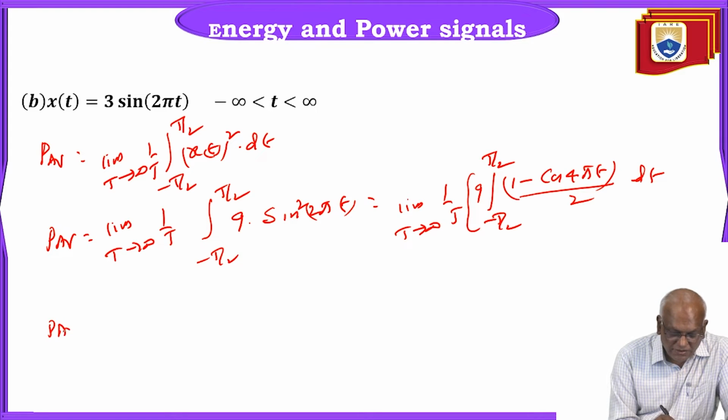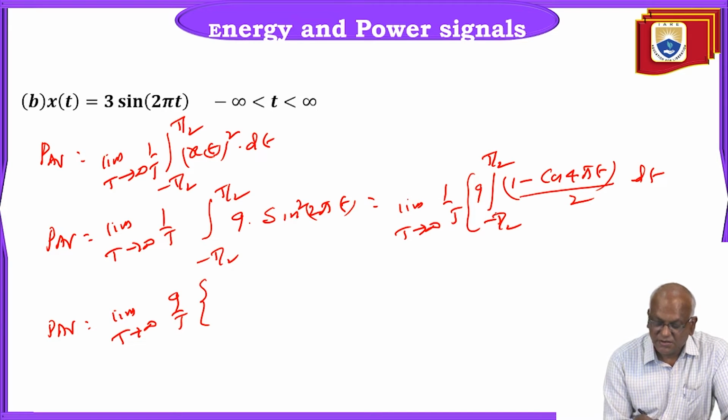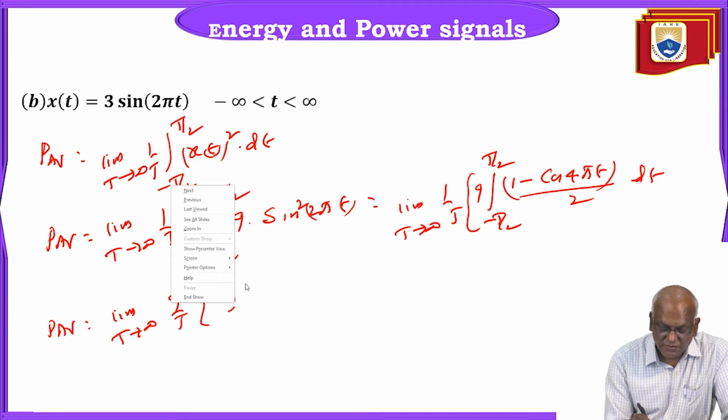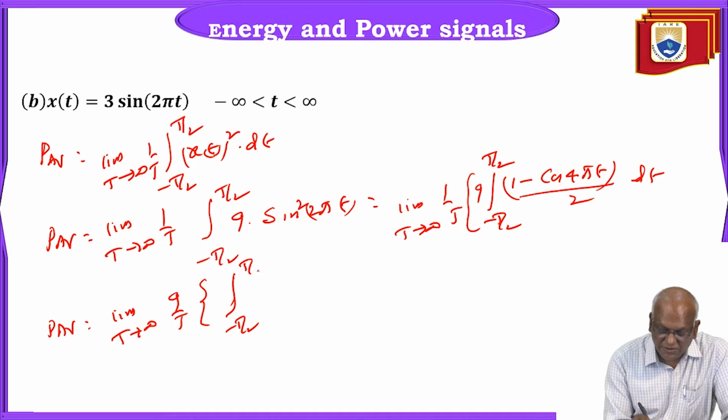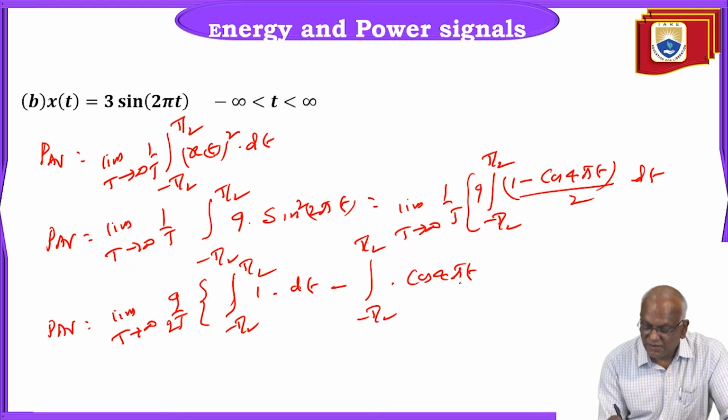Now P average is given by the limit as t tends to infinity of 9 by t, in brackets, the integral from minus t by 2 to plus t by 2 of 1 dt, with the factor 1 by 2, so 9 by 2t, minus the integral from minus t by 2 to plus t by 2 of cos 4 pi t dt.